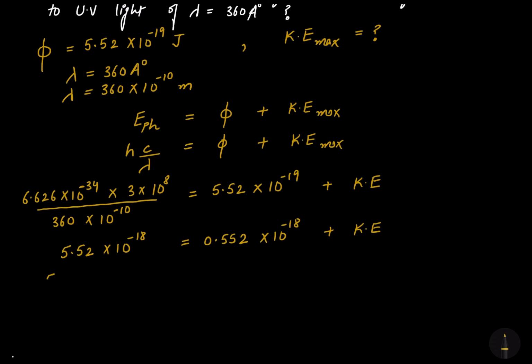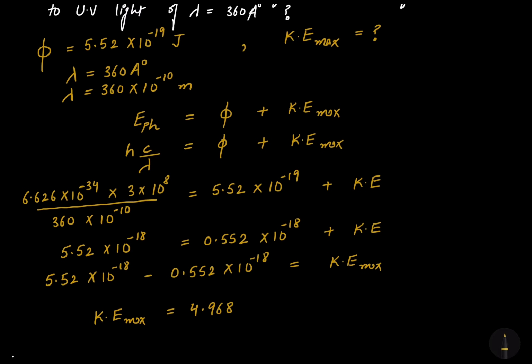Now 5.52 into 10 to the power minus 18 minus 0.552 into 10 to the power minus 18 comes out to be the maximum kinetic energy. So kinetic energy maximum evaluates to 4.968 into 10 raised to the power minus 18 joules.